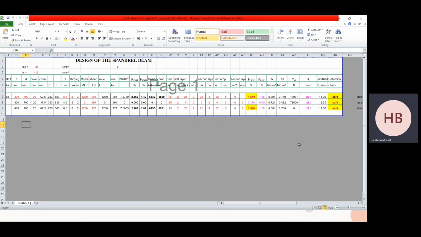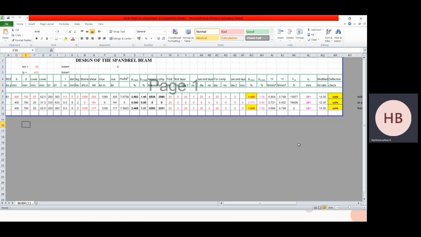Then we have to find the Pt, the percentage of tensile steel required, and the percentage of compression steel required, which are the basis for the design of area of tensile steel and area of compression steel. The Pt value can be found out by Mu divided by bd square, by referring to SP16.